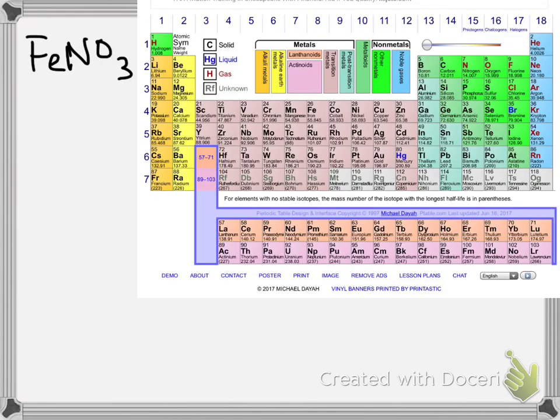Looking at number 4, highlight all of the transition metals, then name each of the following compounds. So let's find iron on the periodic table. There it is.